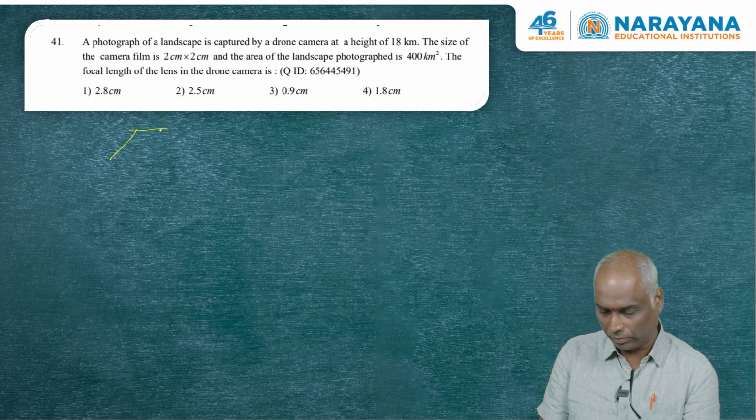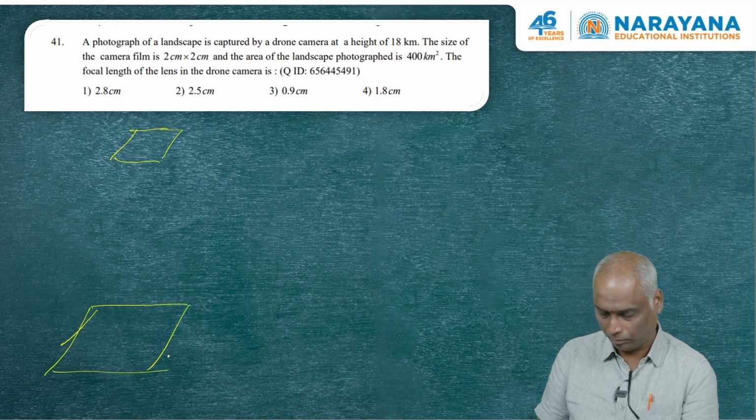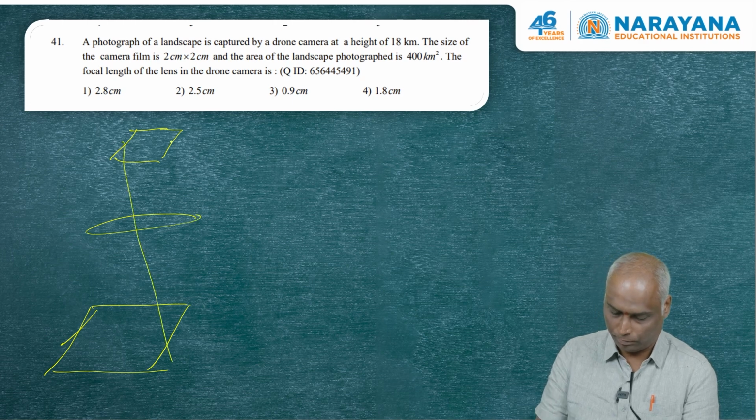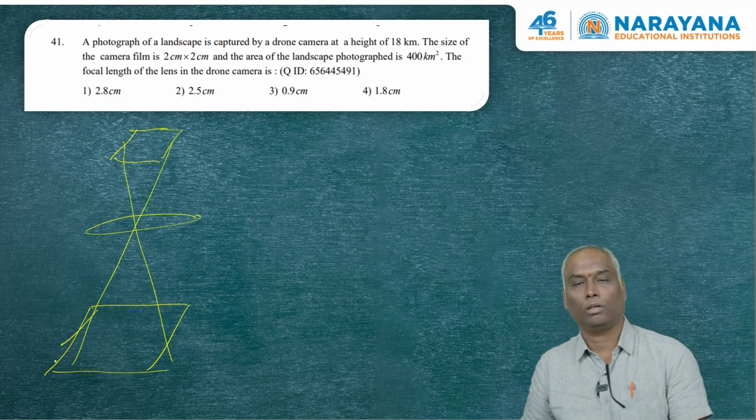Imagining that this is something like a film, a square film, and this is an object. So in between, this is the lens of the camera.